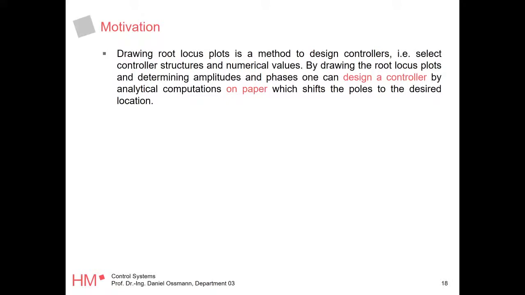So, you can directly design a controller by doing the root locus design, right? What you're doing is you draw the root locus line, you select the point you like, and then you compute the gain. And you actually can do this on paper. This is why this method is pretty old.